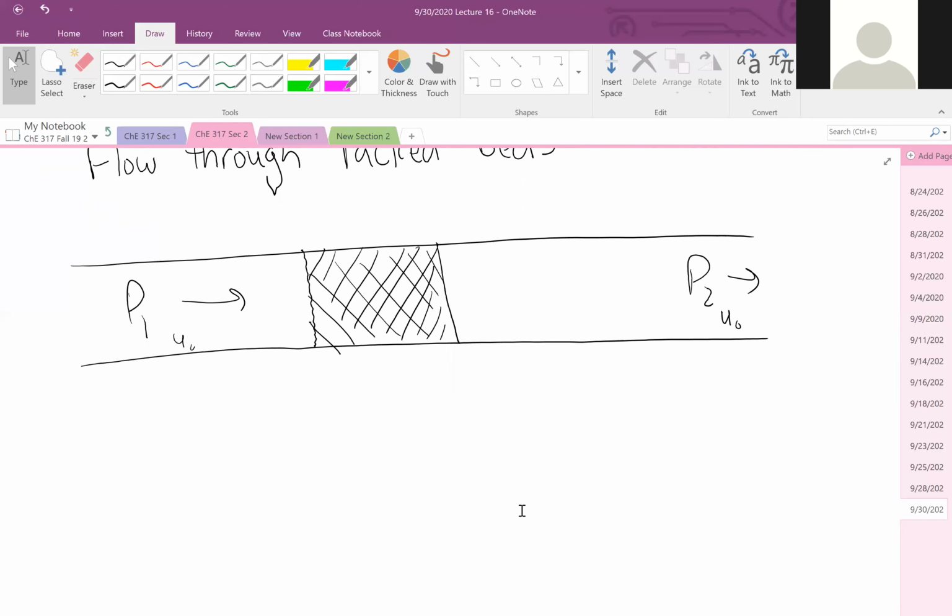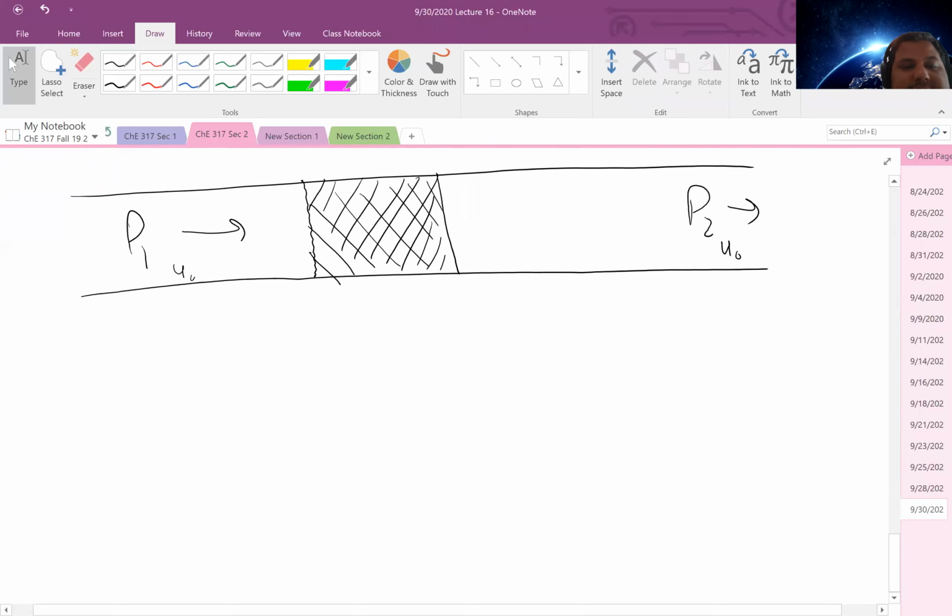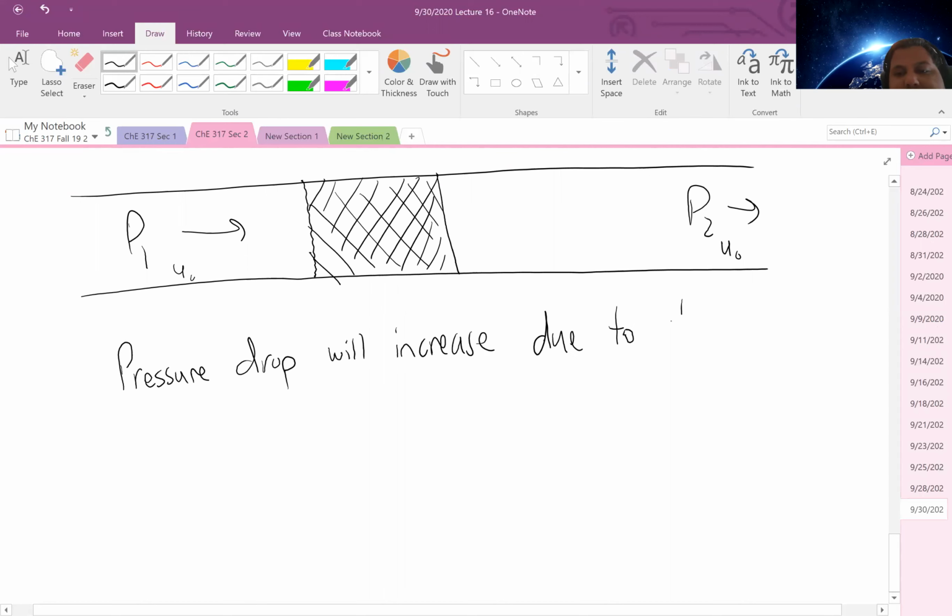Greater. That is correct. And so we can say the pressure drop will increase due to the obstructed flow.